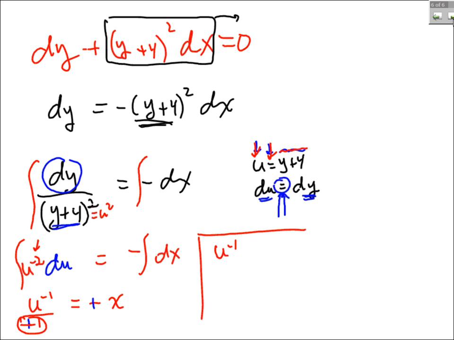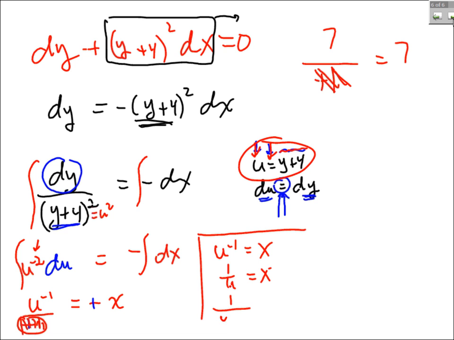Dividing by 1, the rule for that is don't bother. If anything is divided by 1, you just get back the same thing. This is equal to x. That is 1 over u is x. That's 1 over u, 1 over y plus 4 is equal to x.